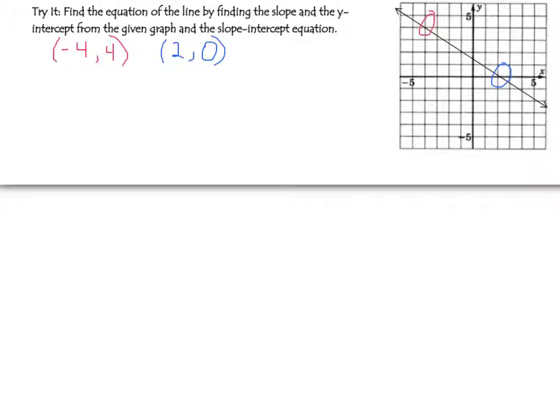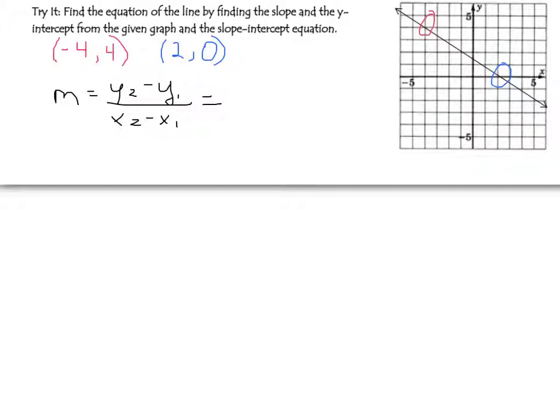So now we have 2 points, and from those 2 points we can find our slope. I will do it by counting, or I'll do it both ways. One way to do that is use the slope formula. So if we call x1 and y1 to be this one, then x2 and y2 is here.